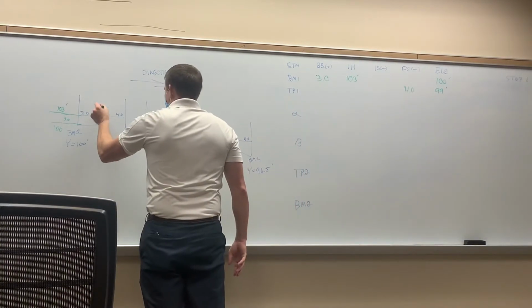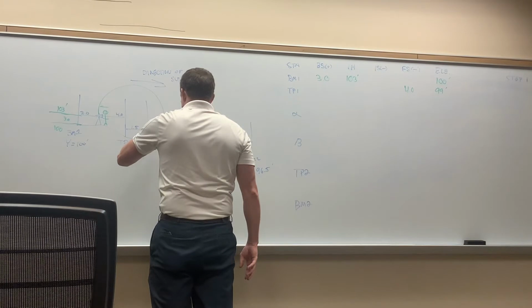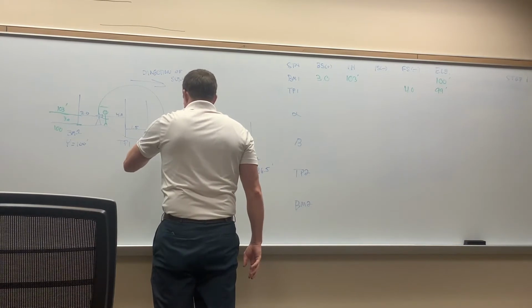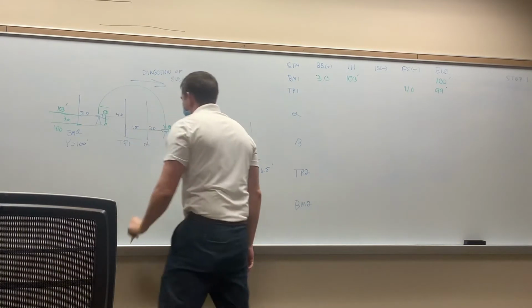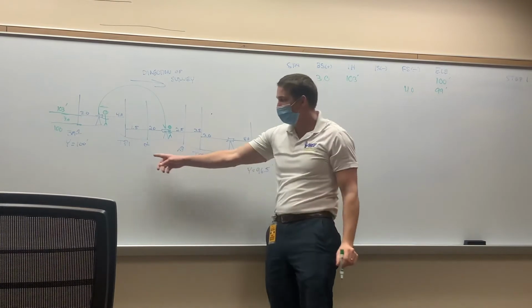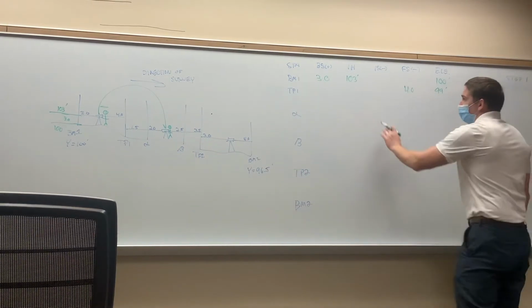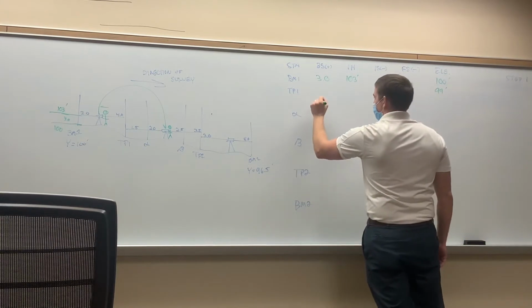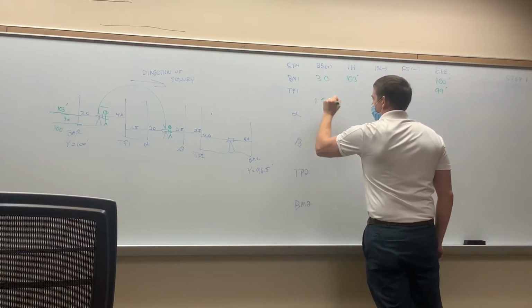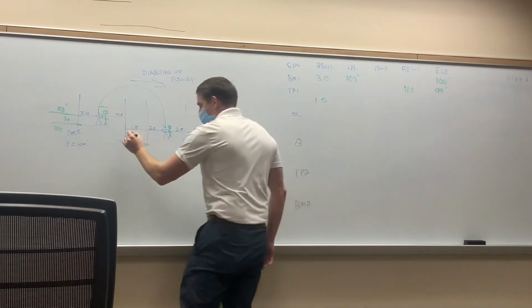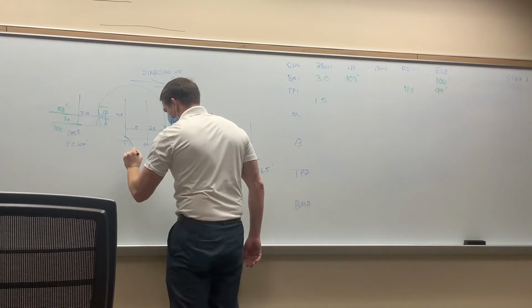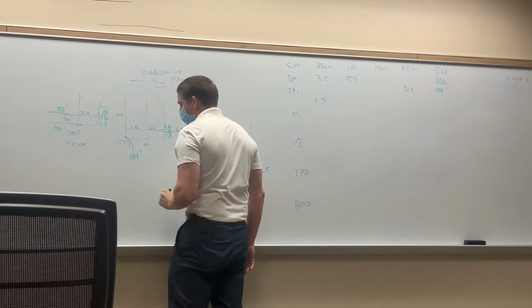Then I'm going to leapfrog back to here. Does my turning point 1 have a backside? Yes. What is that backside? 1.5. Turning point 1, I know now that the elevation here is 99 feet.